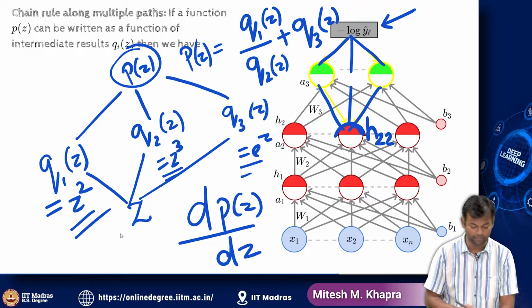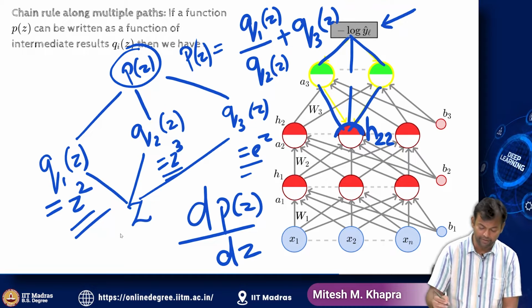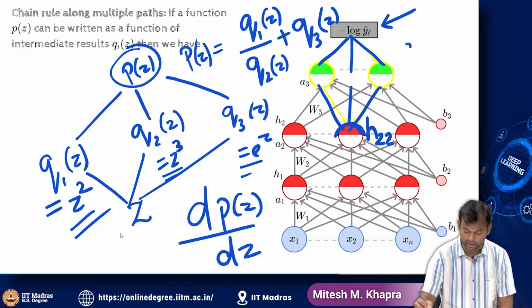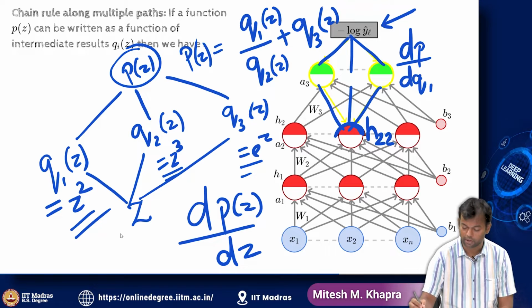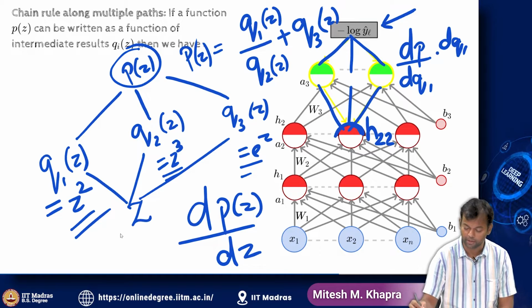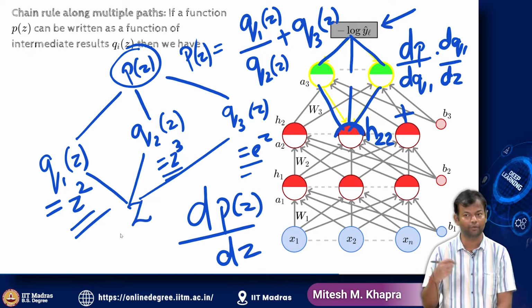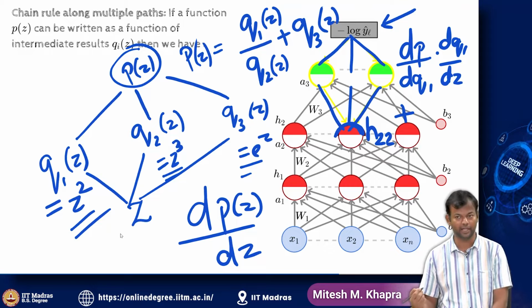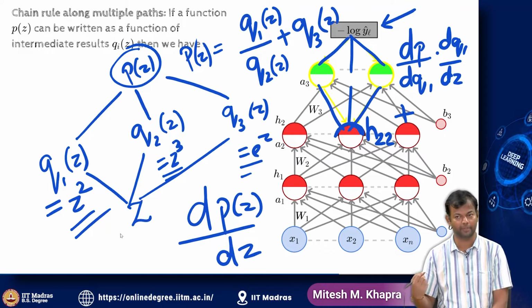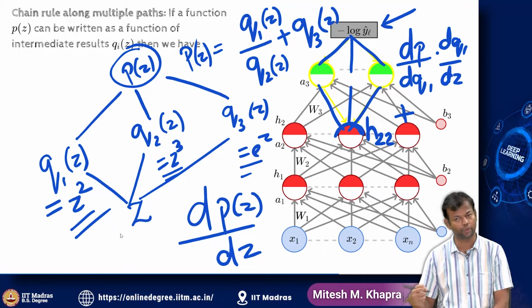This derivative would simply be the derivative of p, I'm just going to use shortcuts now, with respect to q1 into the derivative of q1 with respect to z, plus the derivative of p with respect to q2 into the derivative of q2 with respect to z, plus the derivative of p with respect to q3 into the derivative of q3 with respect to z.